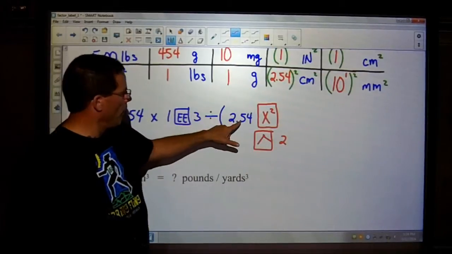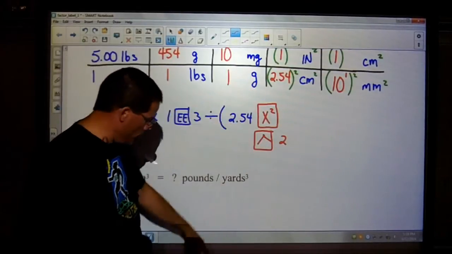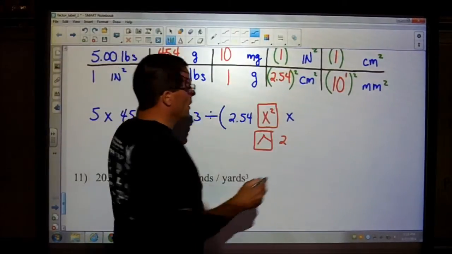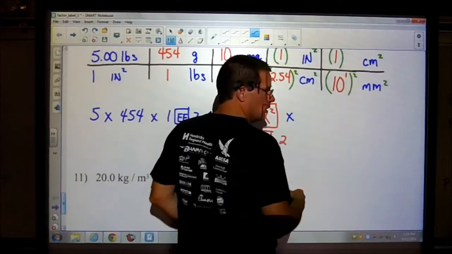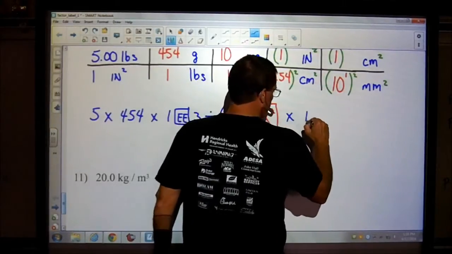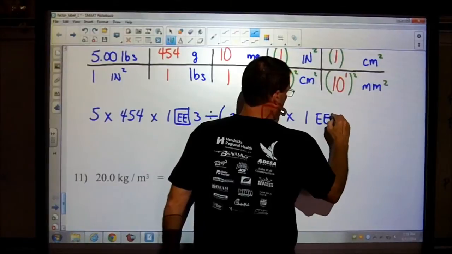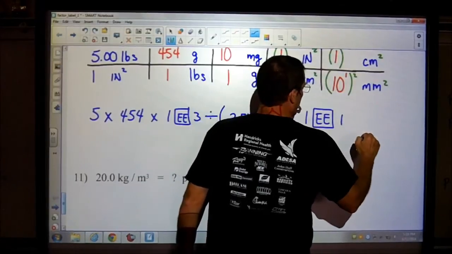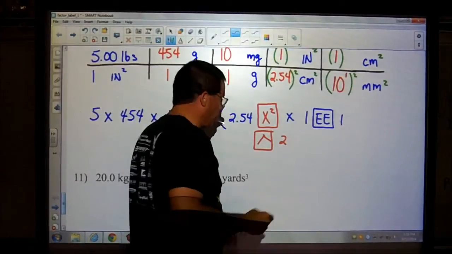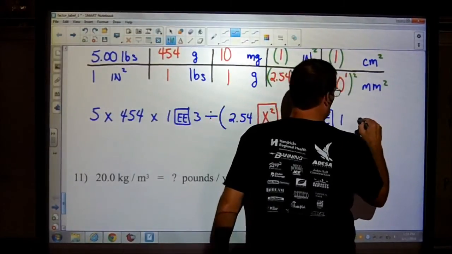So I'm going to do 2.54 my square button, and then let's go back, times 1 EE. So I have 10 to the 1, which is 10, right? So I'm going to do 1 EE 1, and then again, either or, one of these, I don't care which one you use. I'm going to use this square button here. Actually, I'll use the caret button.